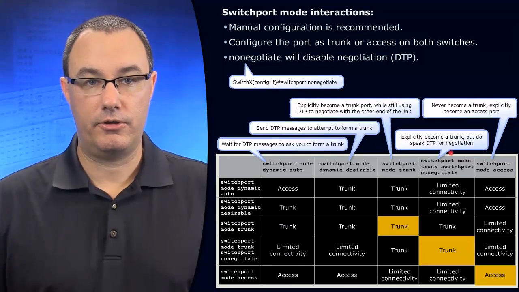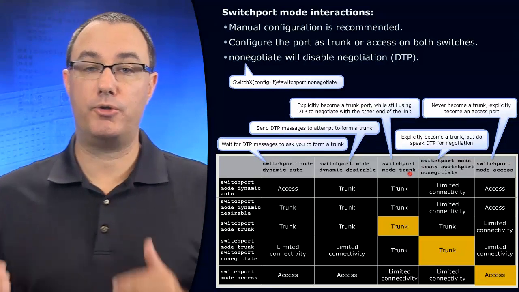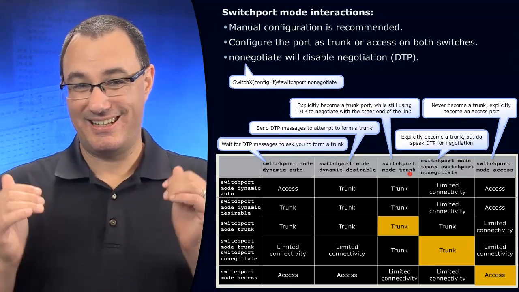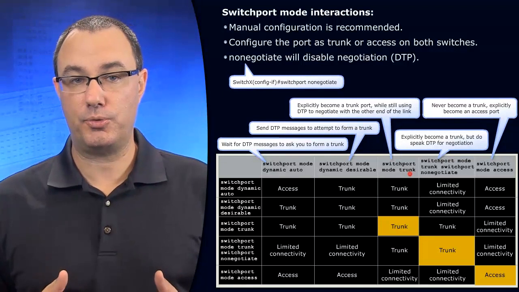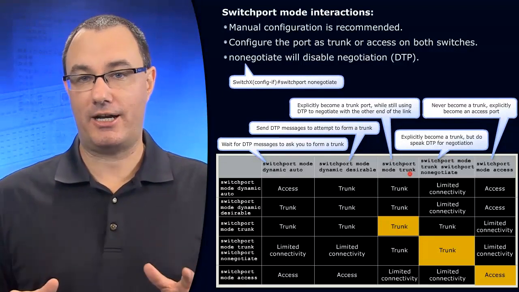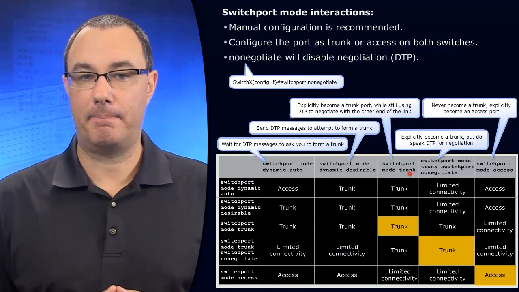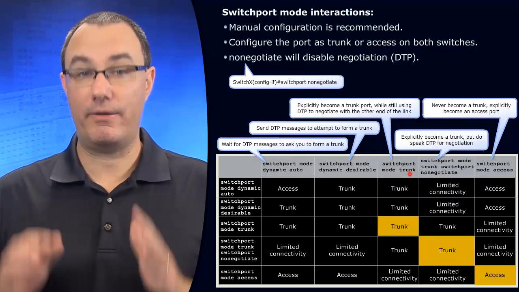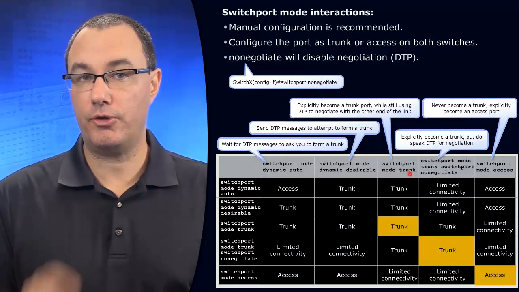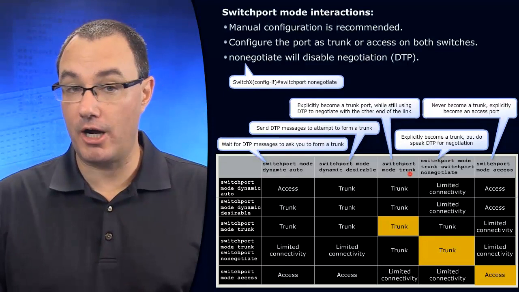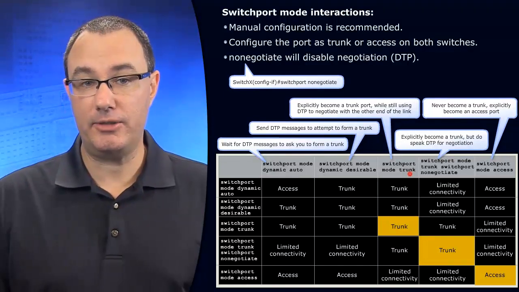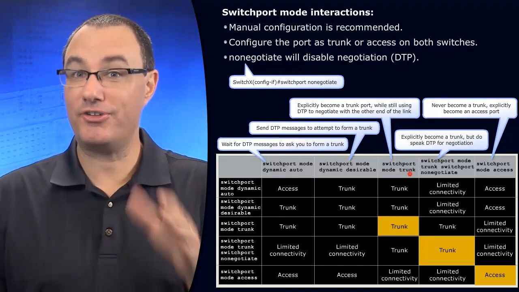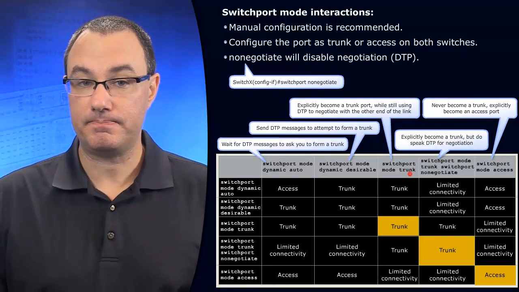Then there's another option, switchport mode trunk. Now on this choice, which is my preferred choice, both sides really should have the same configuration. However, because we are still running DTP, we haven't turned it off, you will tell the other side, you better be a trunk.